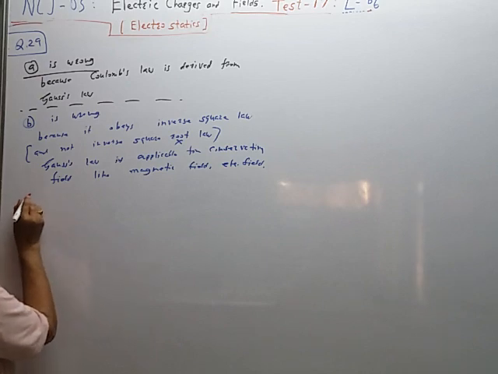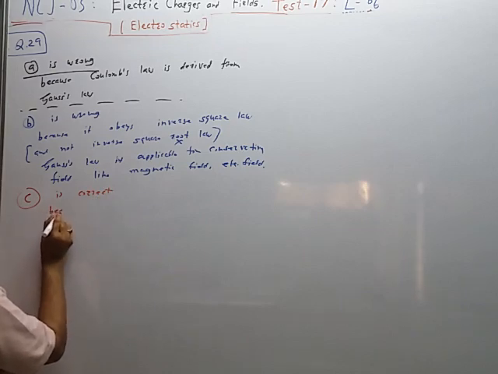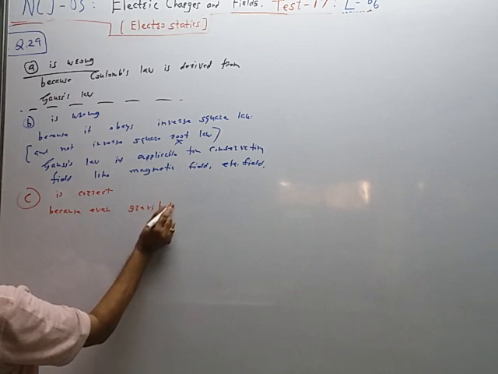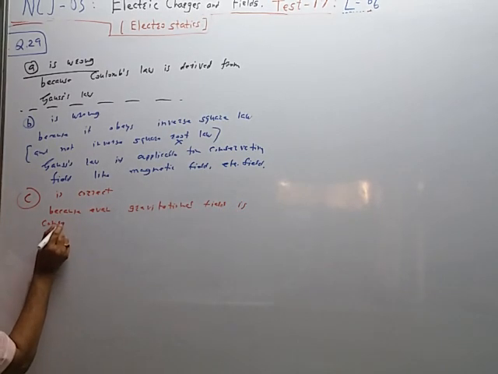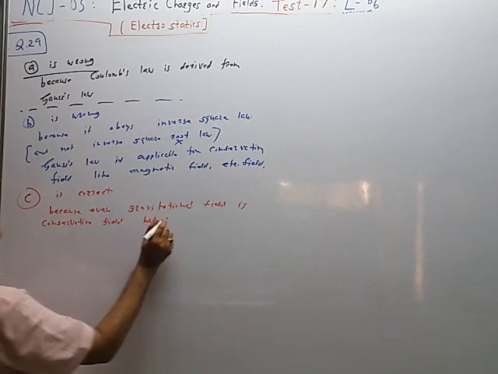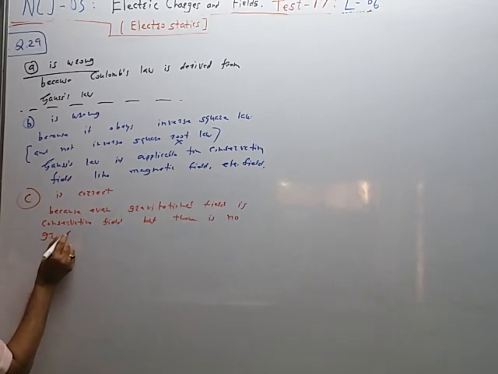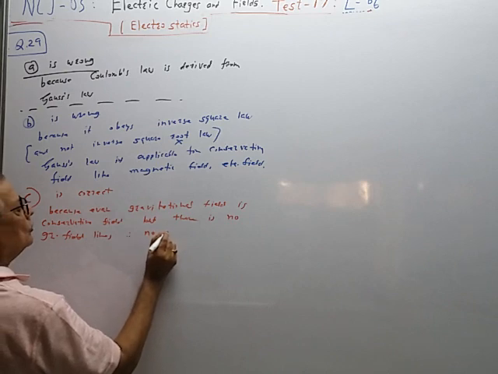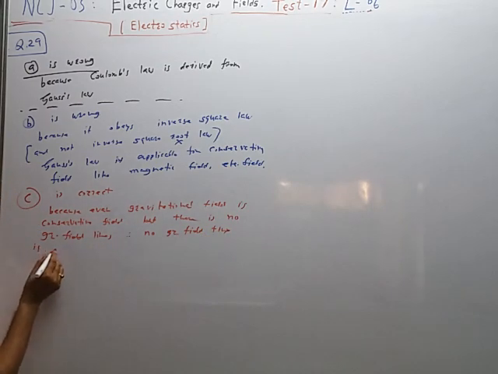C is correct. C is correct because even the gravitational field is a conservative field, but there are no gravitational field lines, therefore no gravitational field flux is possible.